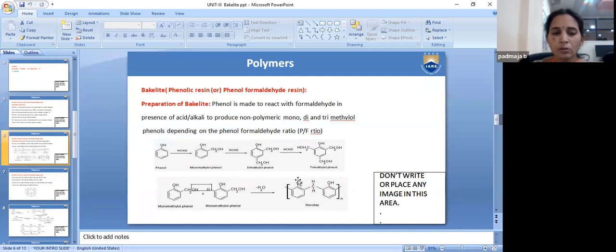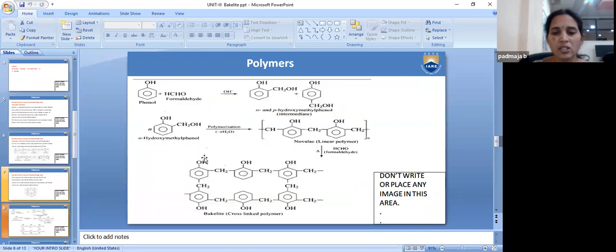That is the second step: we get a Novolac structure, a linear polymer.